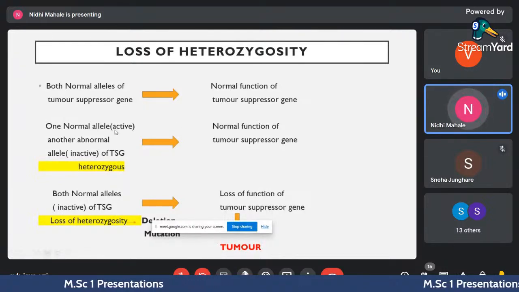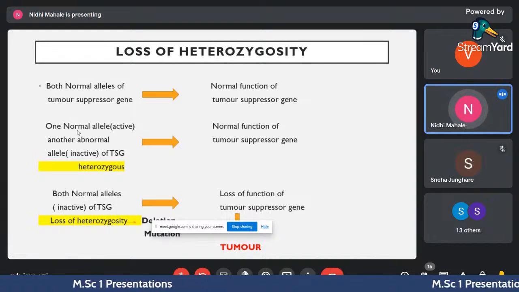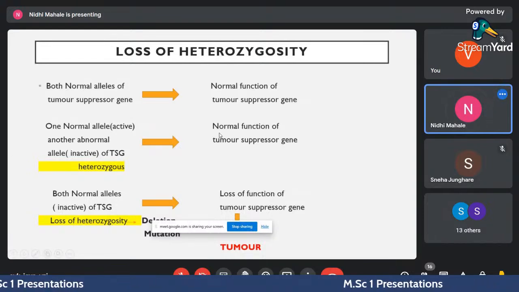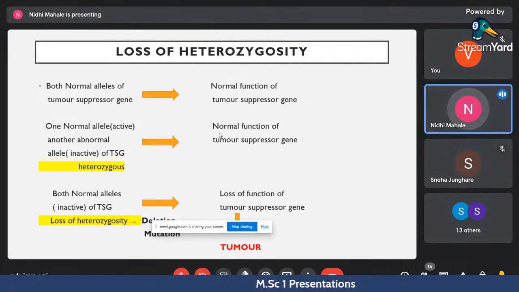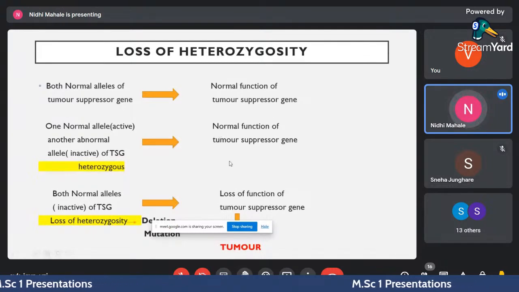But if one of the alleles is abnormal or inactive, this state is called the heterozygous state, and still the function is maintained, so there is normal function of the tumor suppressor gene even though it is heterozygous.